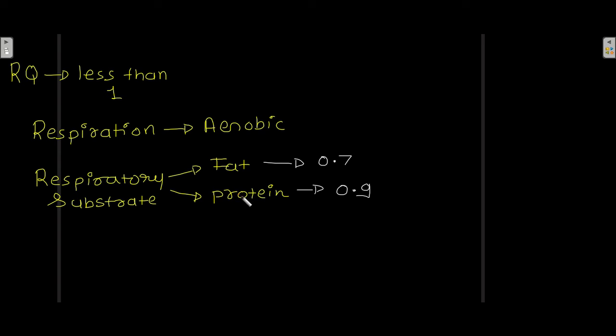Generally speaking, the respiratory quotient for fat is 0.7 and the RQ value for protein is 0.9. 0.7 is the respiratory quotient of fat and 0.9 is the respiratory quotient for protein.